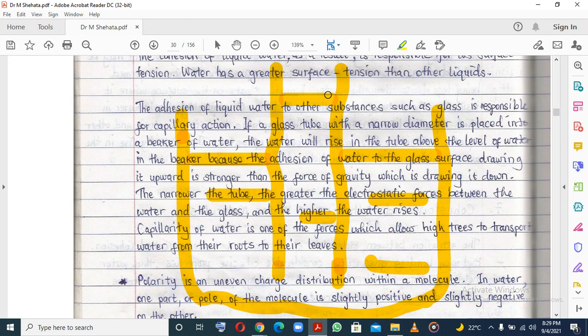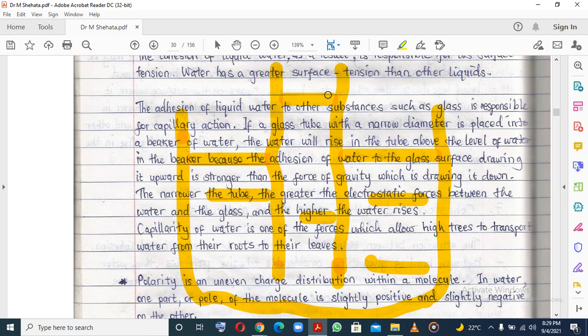So the forces occurring on the sides of that narrow tube are going to be stronger, and as a result, the water level can rise in that narrow tube above the level of water in the beaker.